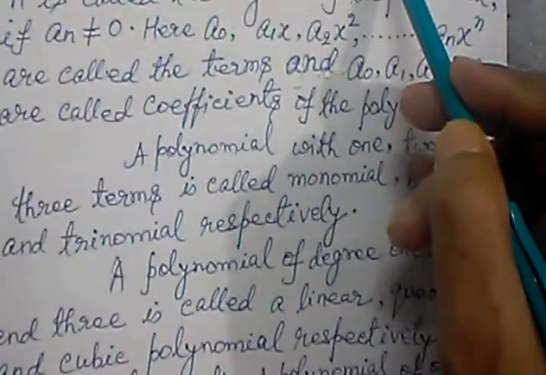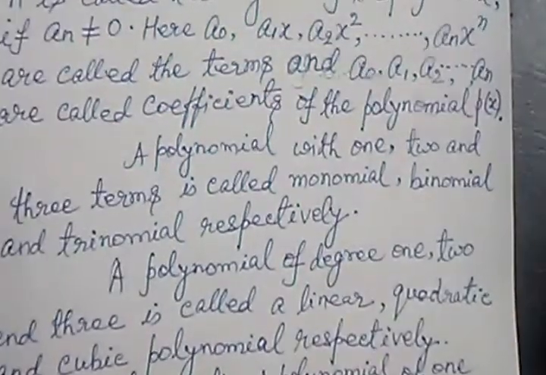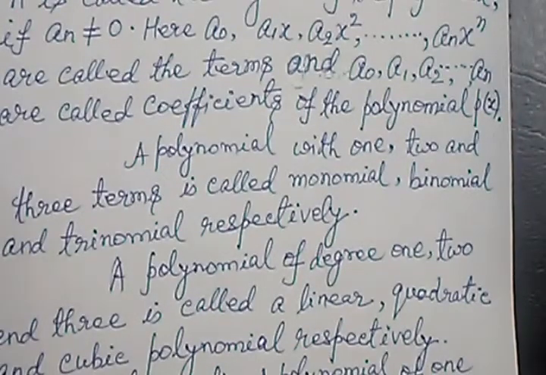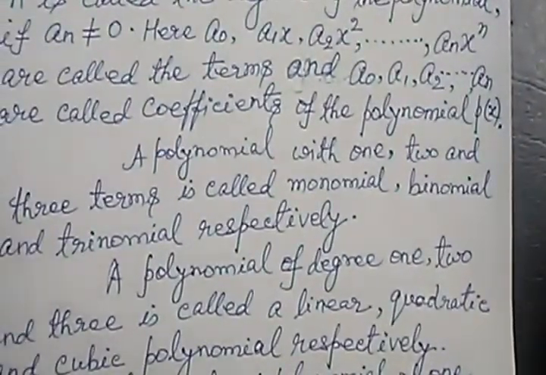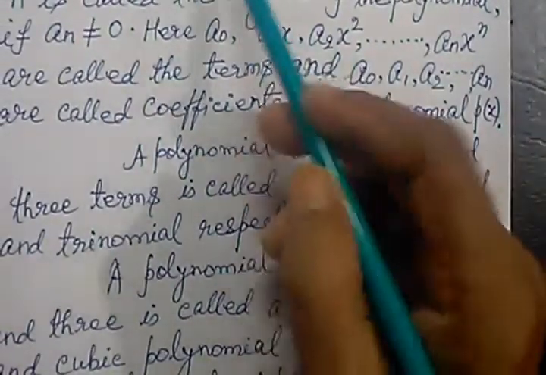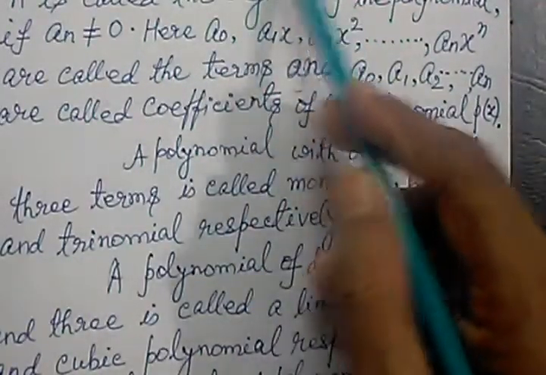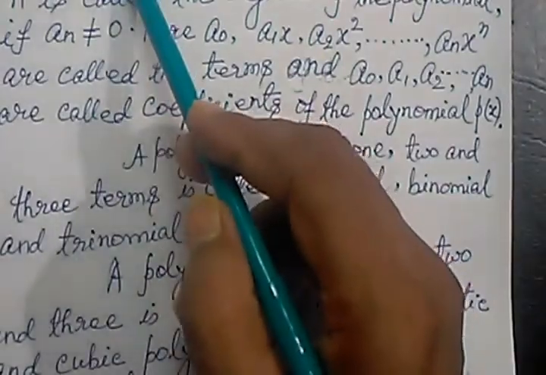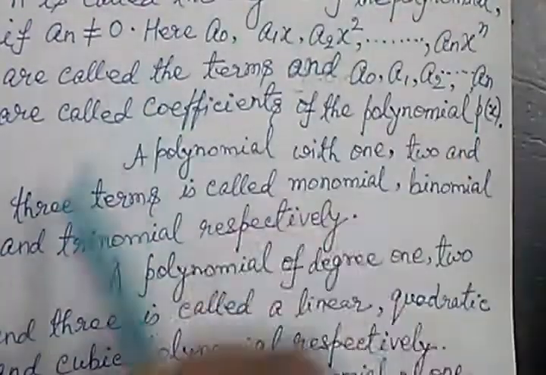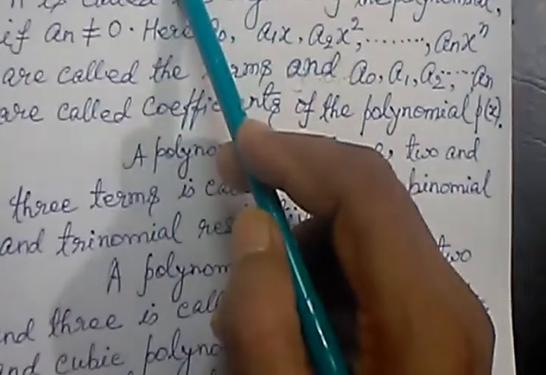So powers cannot be negative. Non-negative means the powers are zero or positive. So please remember that all the powers are non-negative integers. Then this algebraic expression will be called a polynomial in x.